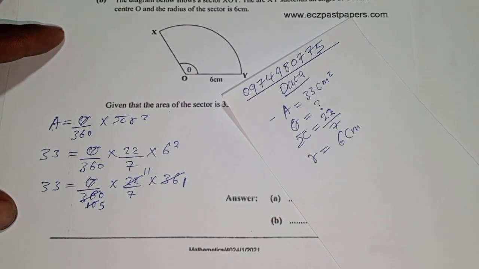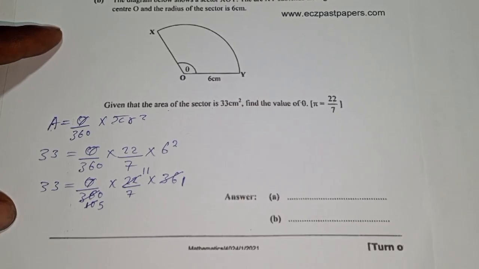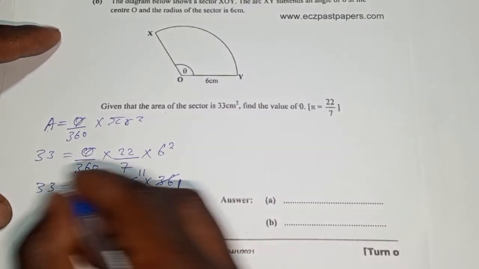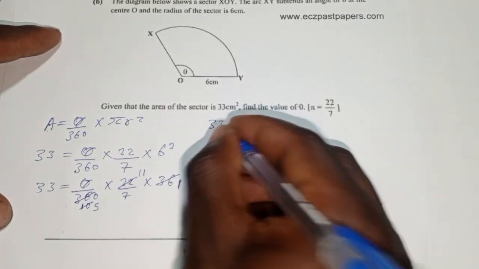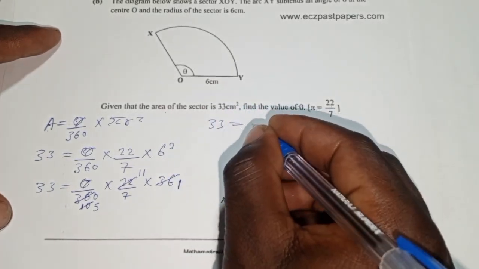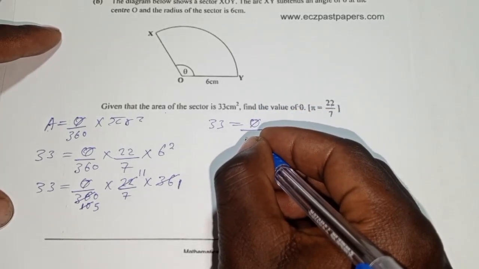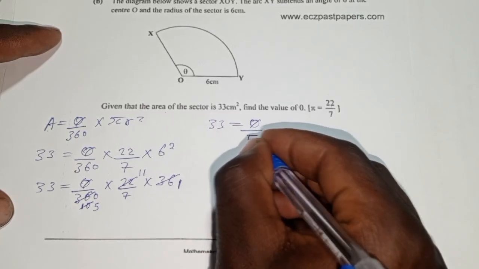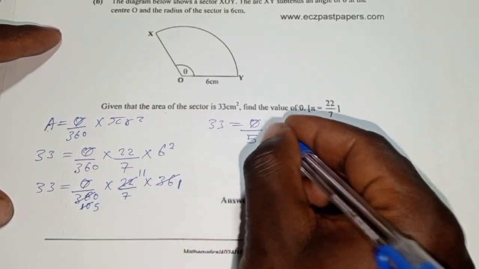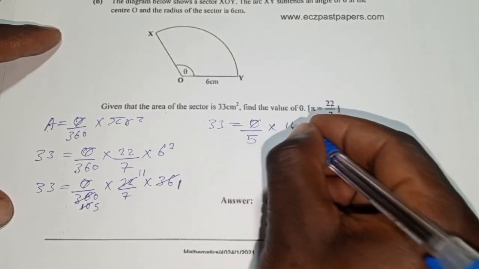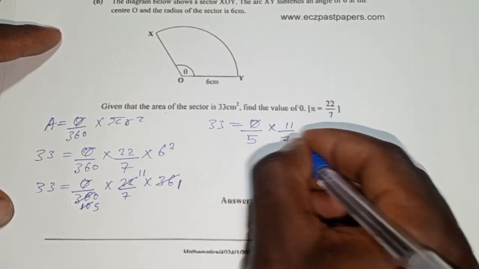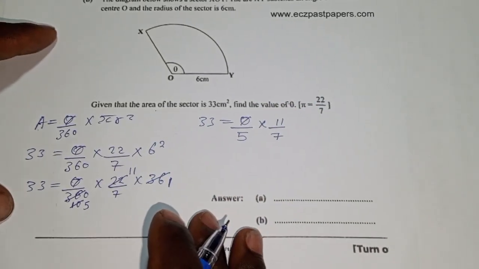So from here now, we are going to remain with 33 is equal to theta over 5 times 11/7. This is what we are going to remain with.